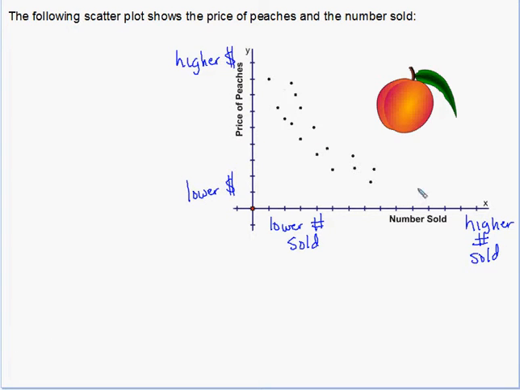Okay, when we look at this, we can see that when the price is high, we don't have a lot of peaches being sold. So, high price, low sales. And when the price is low, the sales are higher.